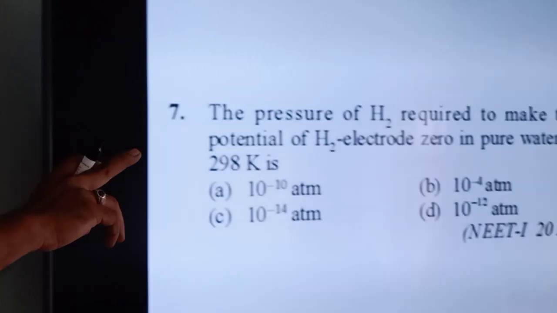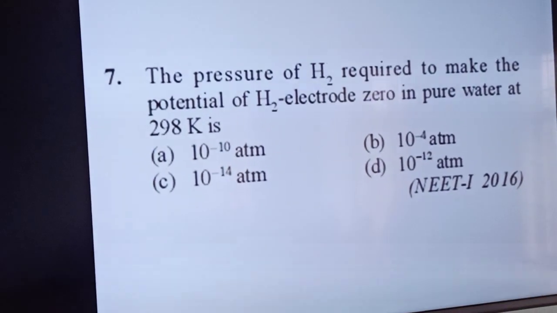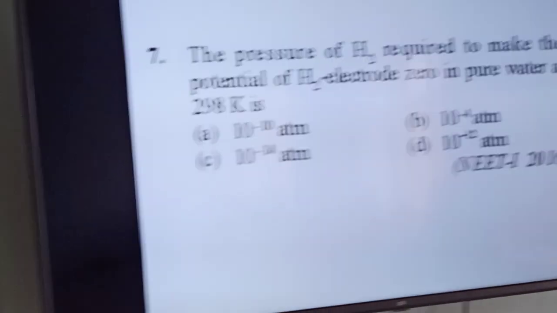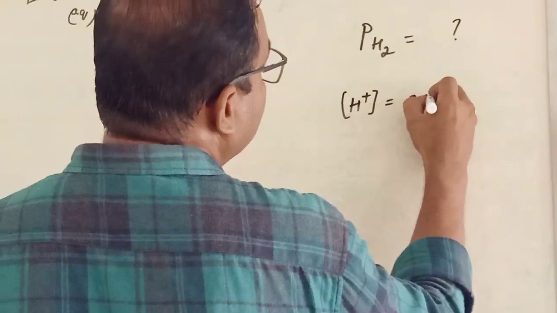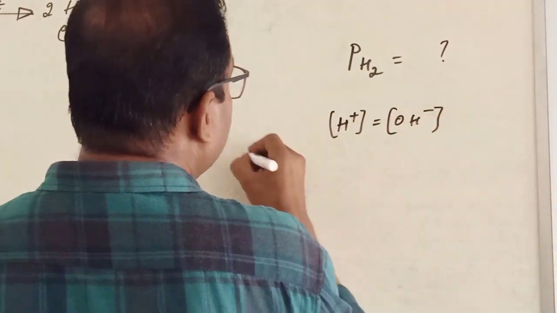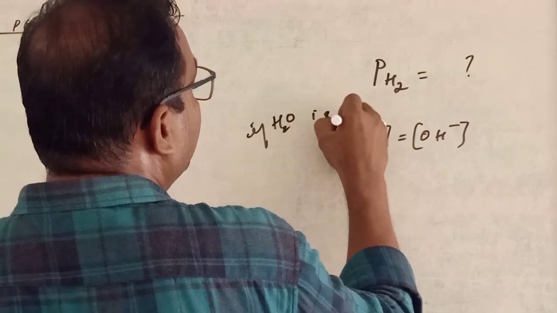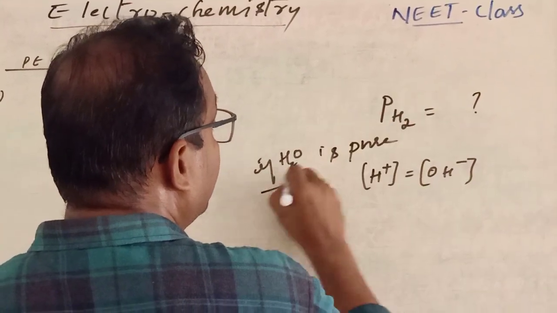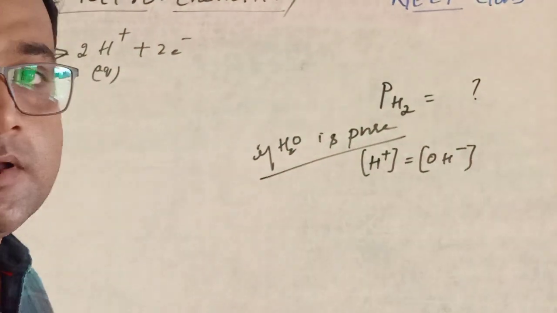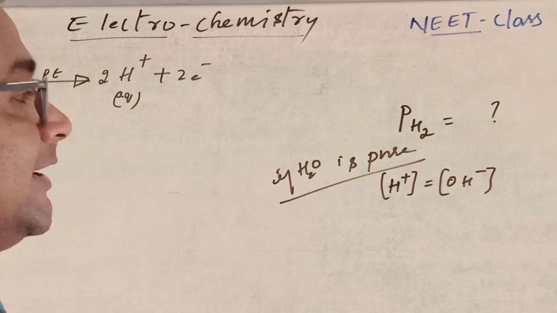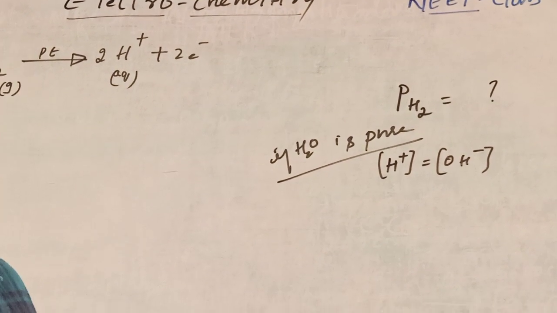Now, we know that in pure water, the molar concentration of hydrogen ion is equal to the molar concentration of hydroxide ion. If H2O is pure, the H plus ion is exactly equal to the molar concentration of hydroxyl ion.